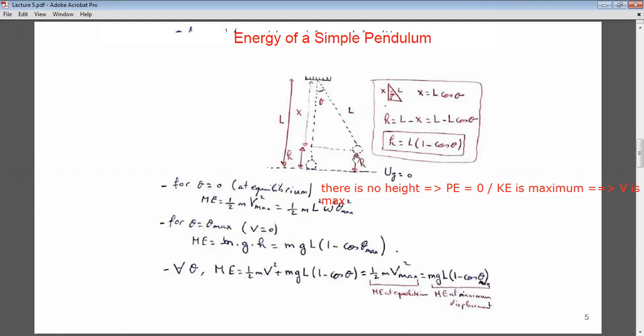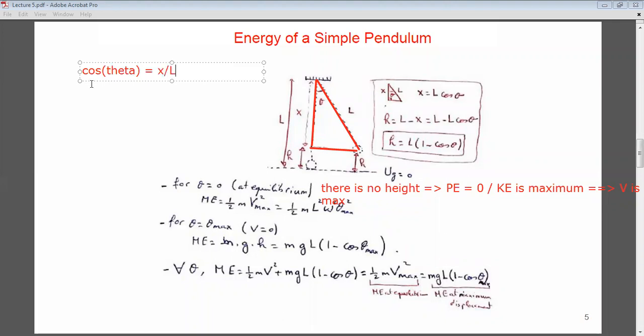If I know the maximum length, I can subtract this x from L, and then I can get this h. And for this x, if I take this right triangle and take the cosine of the angle theta, it is equal to the adjacent side, which is x, divided by the hypotenuse, which is L. So x is L cosine of angle theta.